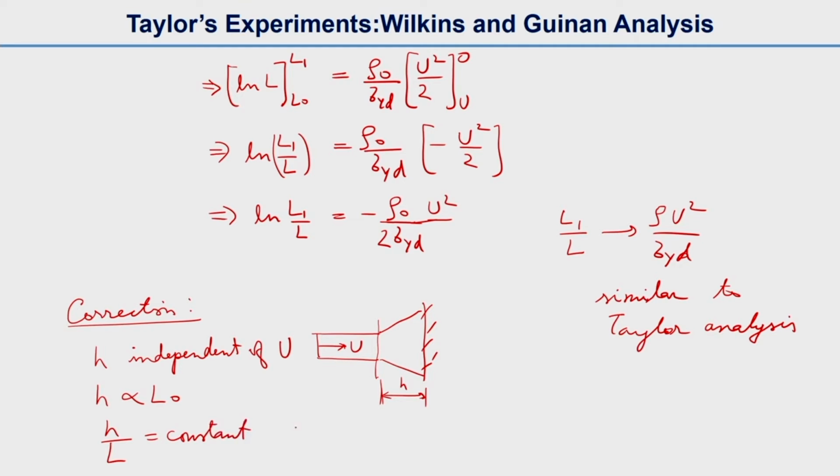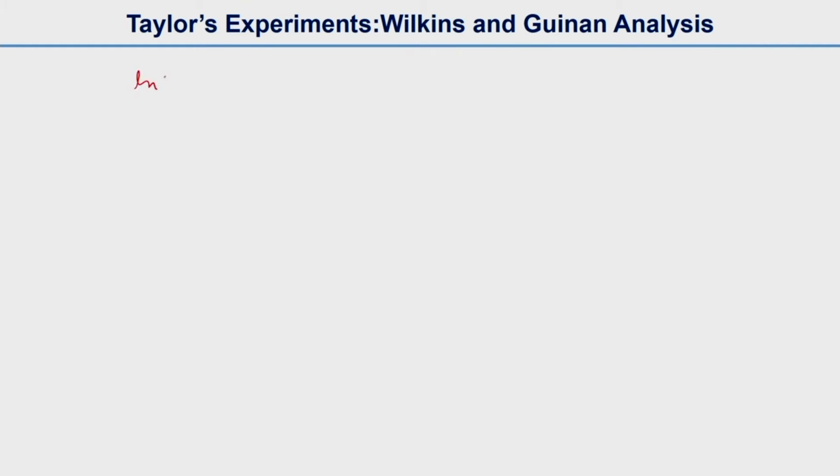They defined a new boundary condition here, that means this boundary between these two will move to a fixed position, h will move to a fixed position after the deformation. From the earlier relation, ln L1 by L naught is a function of u square.